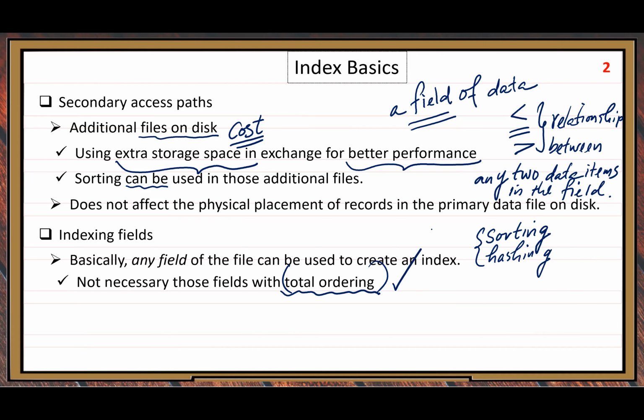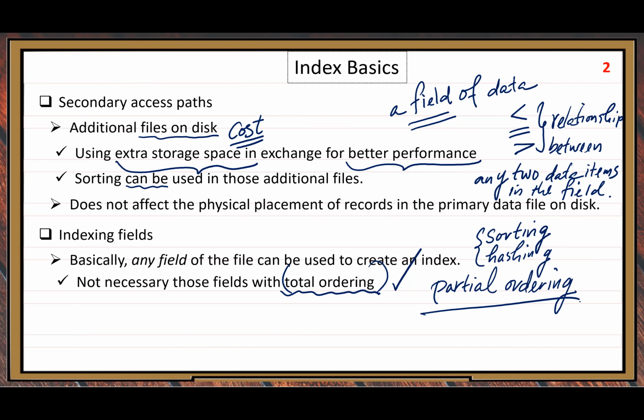You may not always have total ordering for your data fields. Sometimes you may not have that. There is another possibility, the partial ordering. Still, let us select two data items in one particular field.